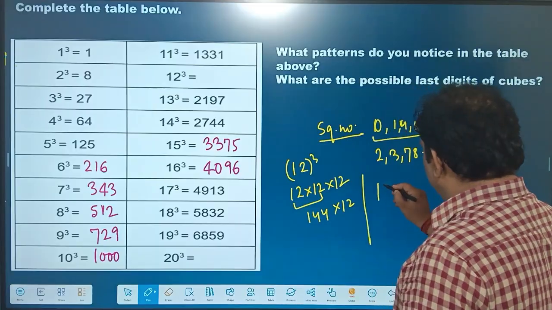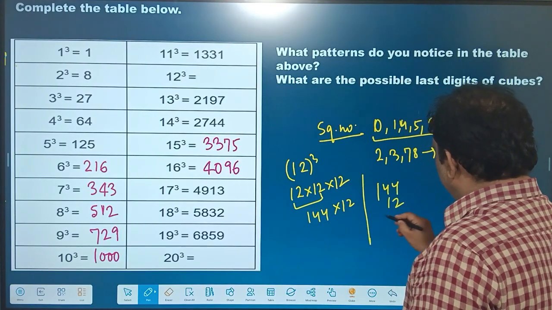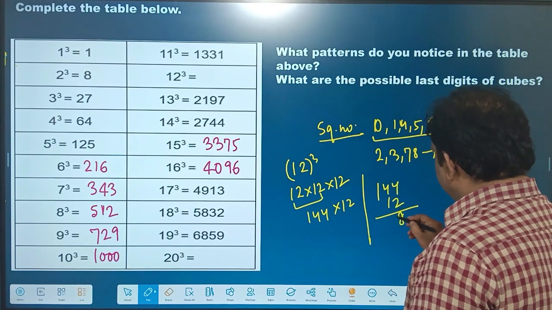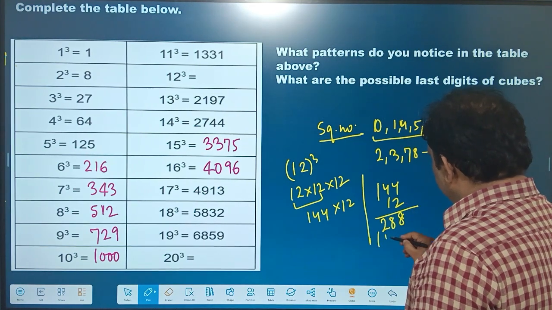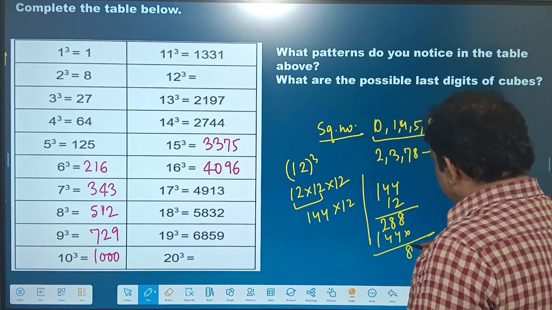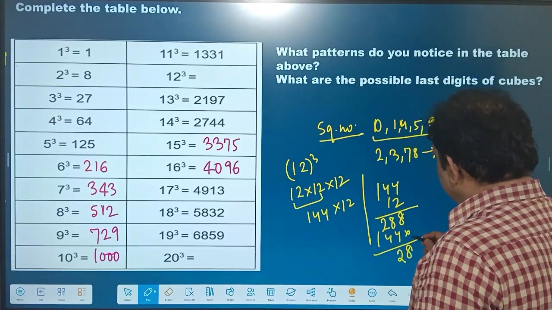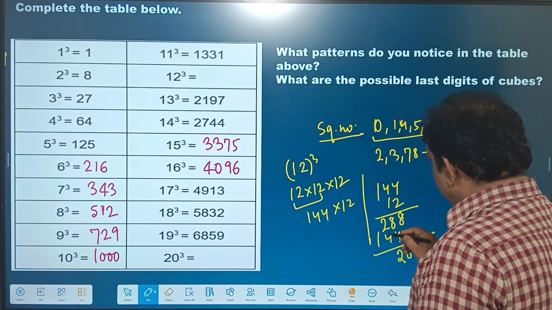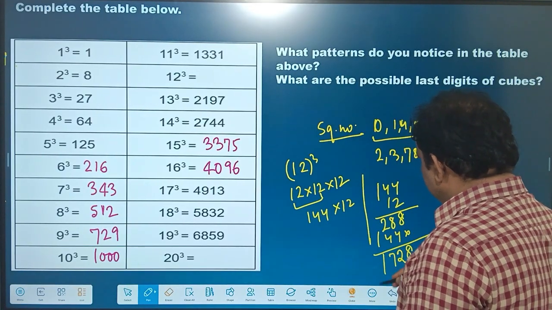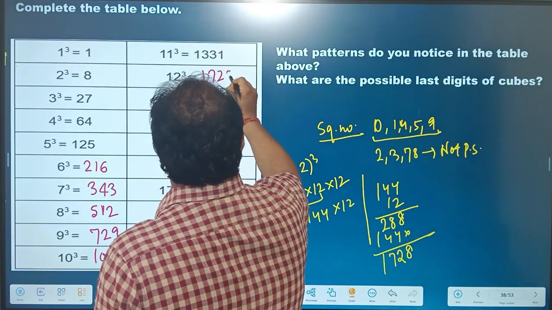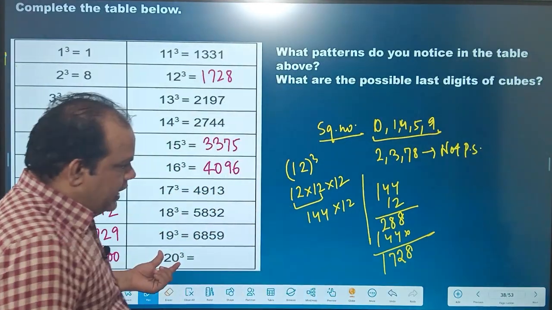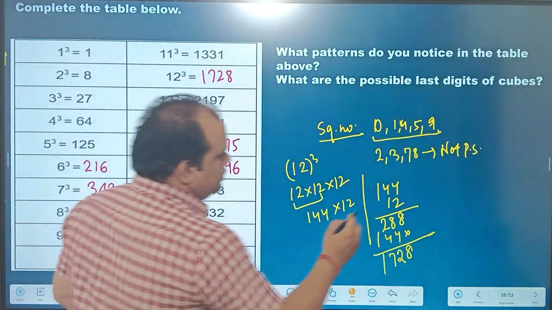Let's multiply 144 by 12. 2 fours are 8, and 2 fours are 8, 2 ones are 2, 1 and 4 are 4, 2, 6, 1, 7. So the value would be 1728.